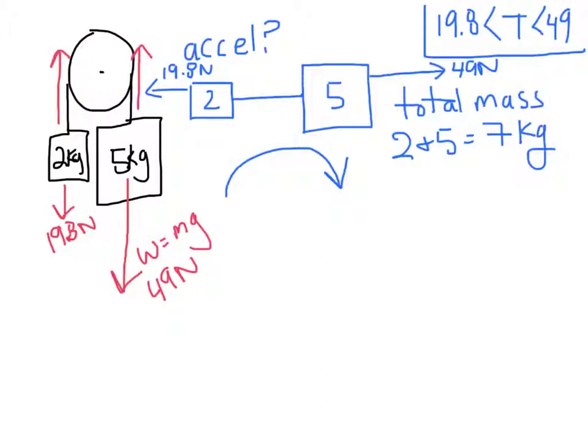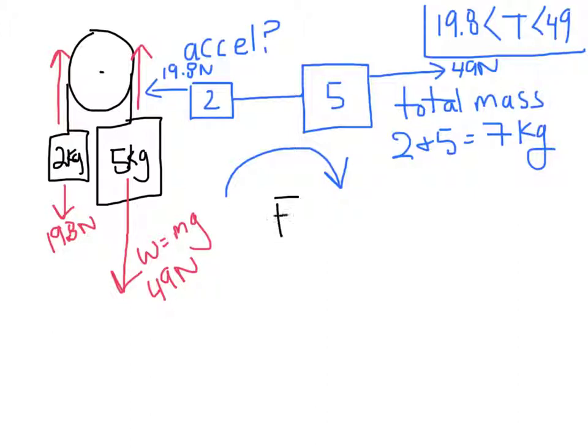Frictionless pulley. 5 kilogram mass attached to a 2 kilogram mass, and in this direction we have 49 newtons, and in this direction we have 19.8 newtons. So if you look at it like that, it's obvious that the 7 kilograms of mass will go in this direction, and the net force acting on that 7 kilograms is 49 minus 19.8 newtons.